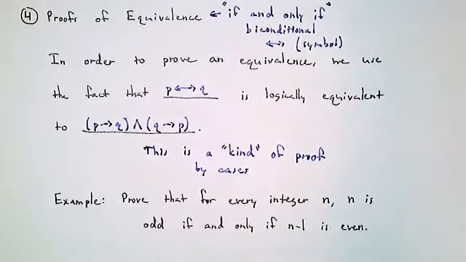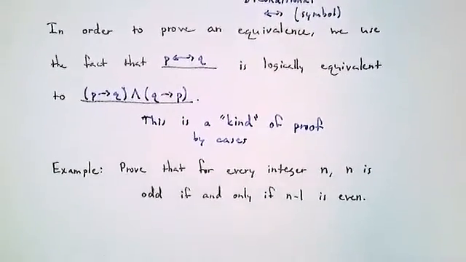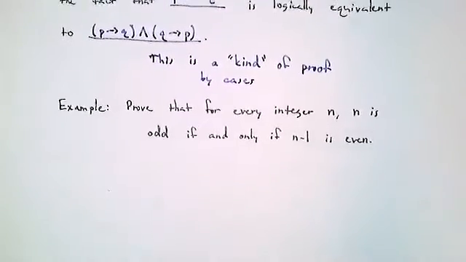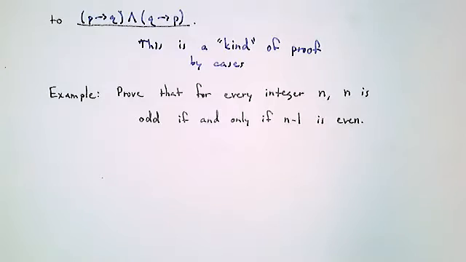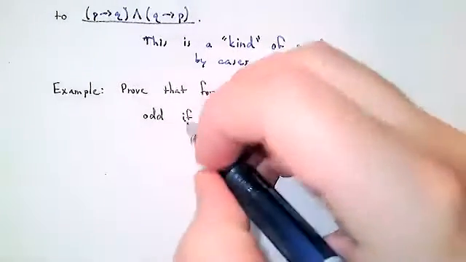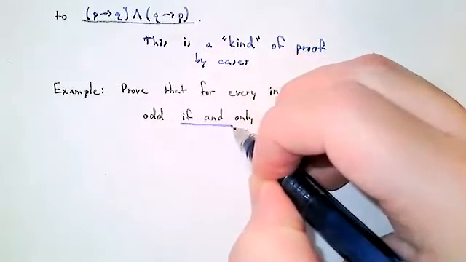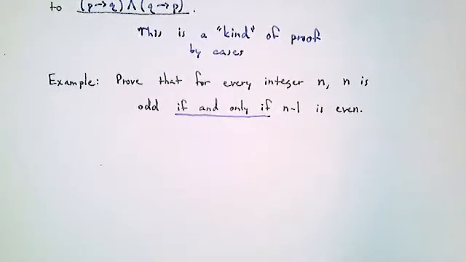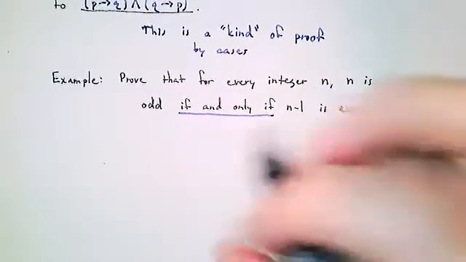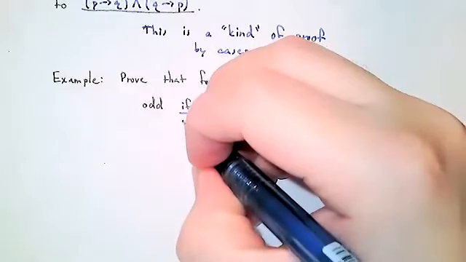Okay, so let's get right to the example. We want to prove that for every integer n, n is odd if and only if n minus 1 is even. The keywords here are if and only if. That means this is going to be a biconditional.